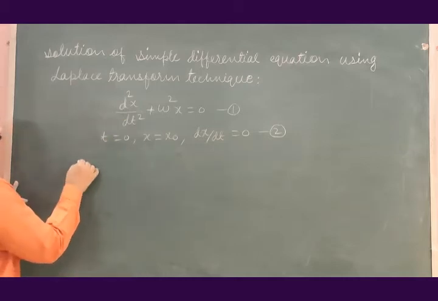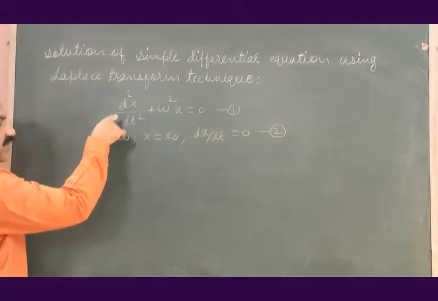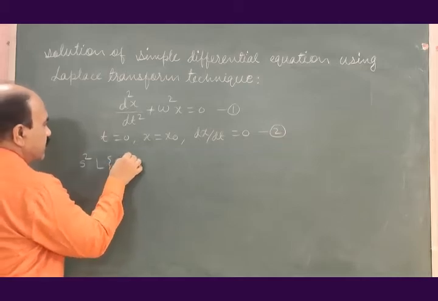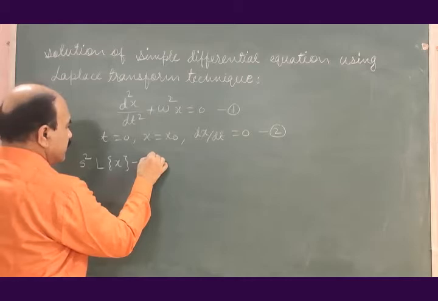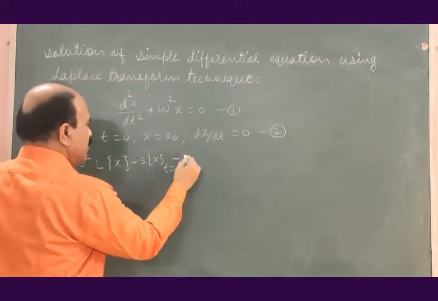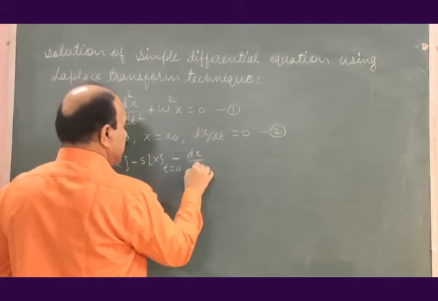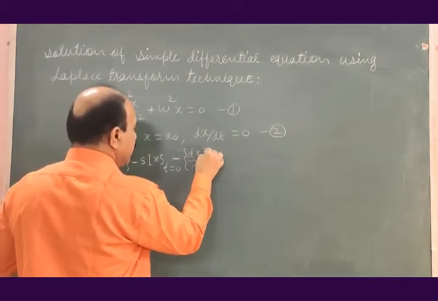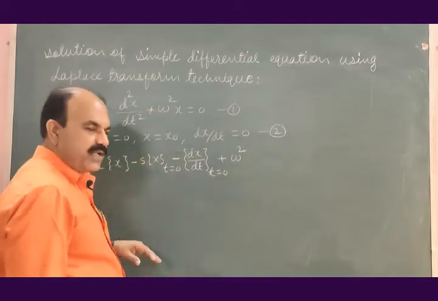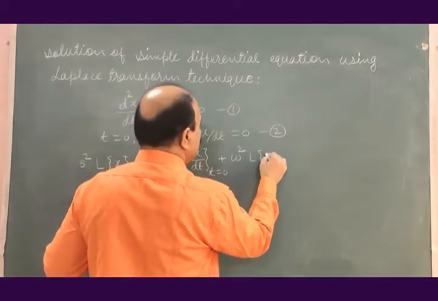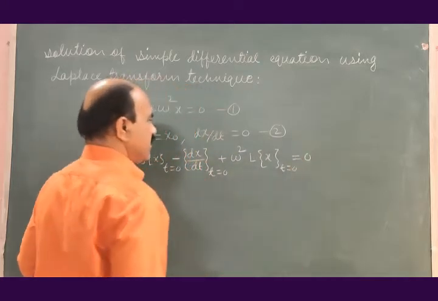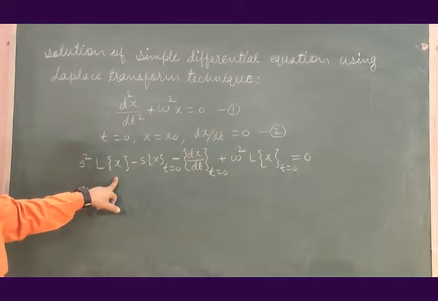Laplace transform of first term will be s square, because of this second order derivative, Laplace transform of x, minus s into x at t is equal to 0, minus dx by dt at t is equal to 0, plus omega square is constant, Laplace transform of x. What is Laplace transform of x?